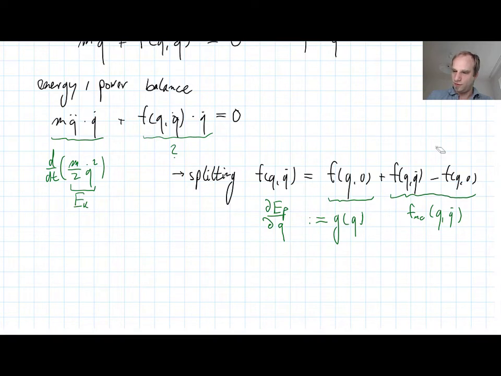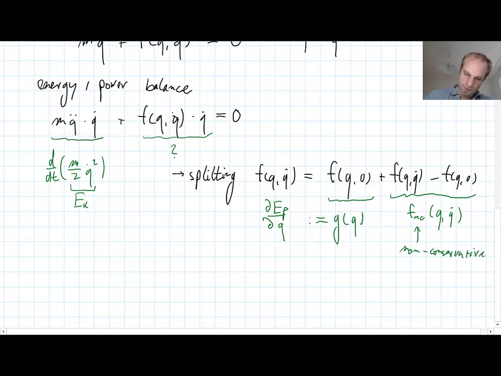So if the velocity is zero, this expression gives us zero. And this NC here stands for non-conservative, as opposed to these, which are conservative, they are derived from a potential.